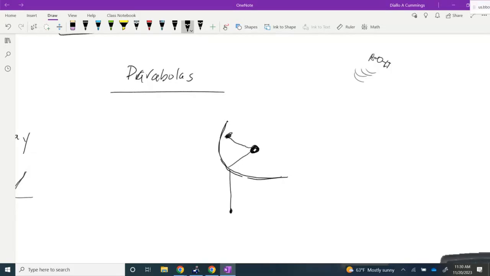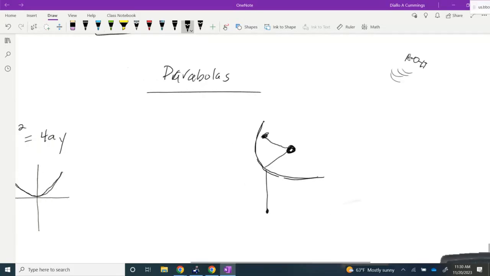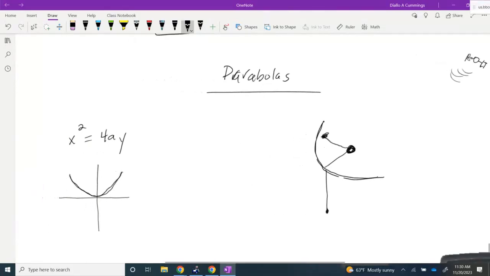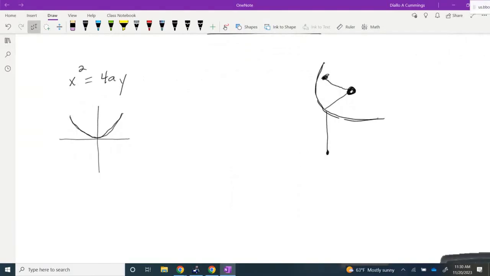That's why satellite dishes are parabola shaped, because of this main focus concept. So if your equation looks like this, x squared is equal to 4ay, this is your graph. Your focus is going to have the point (0, a). I'm going to call that F for focus.